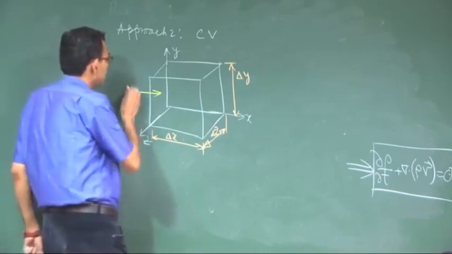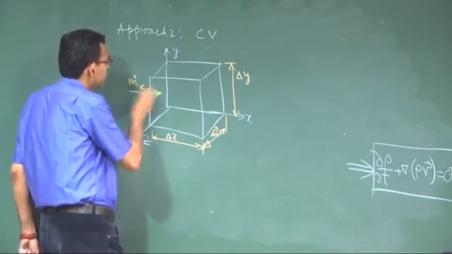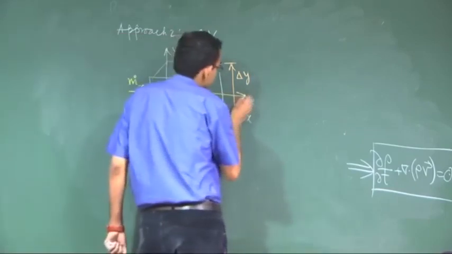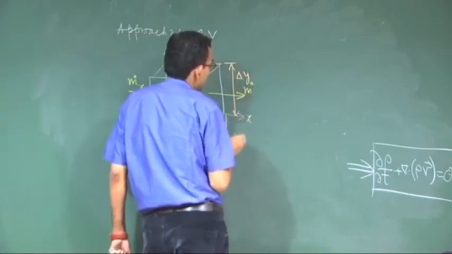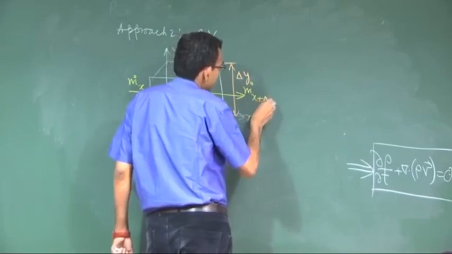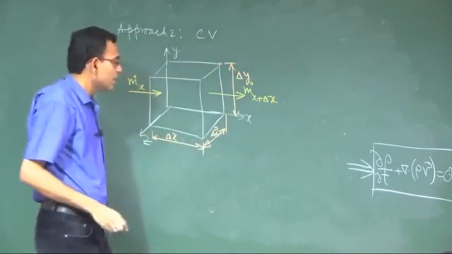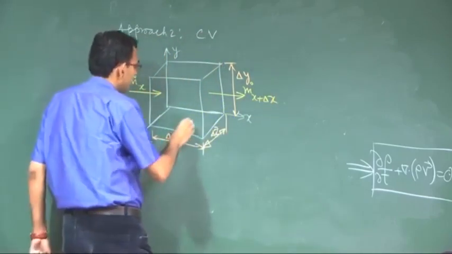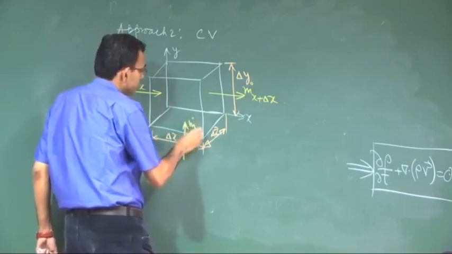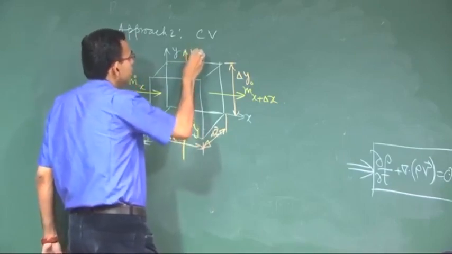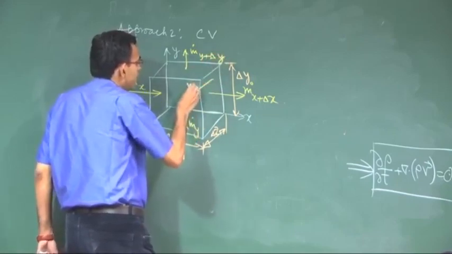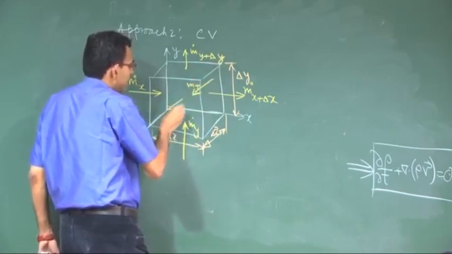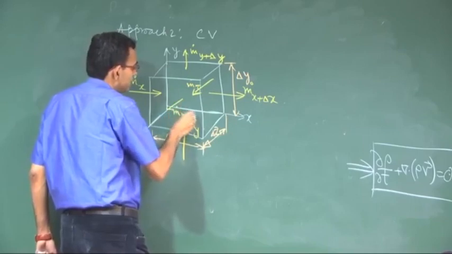So I will just make it a little bit quick. This is m dot x, the mass flow rate at x, and this is the mass flow rate at x plus delta x. Similarly, you have m dot y, and this is m dot y plus delta y. From the back side you have m dot z, and from the front side you have m dot z plus delta z.